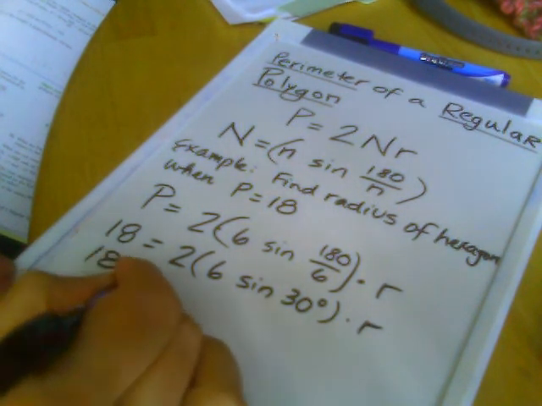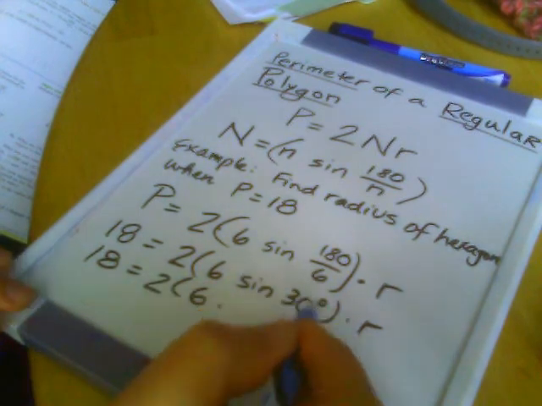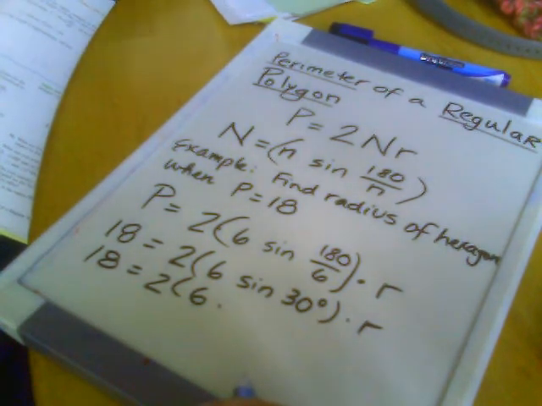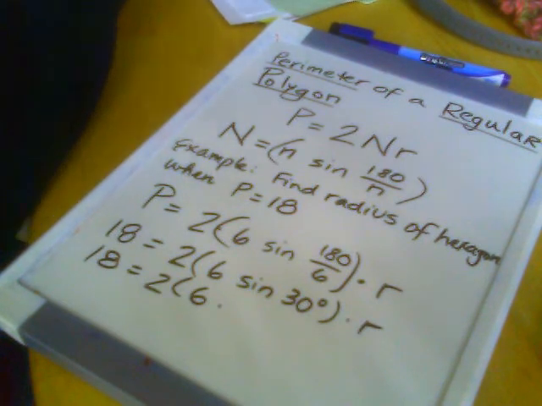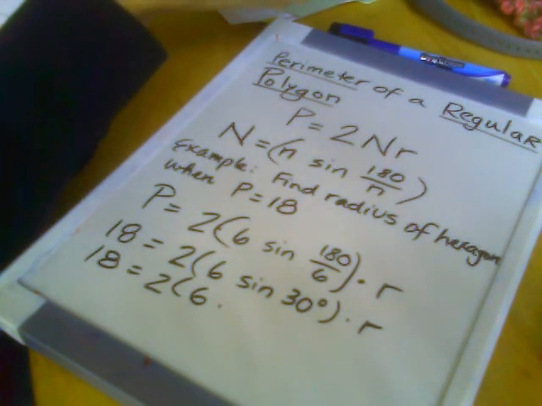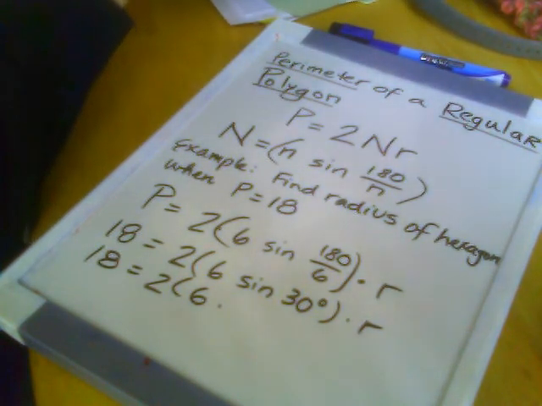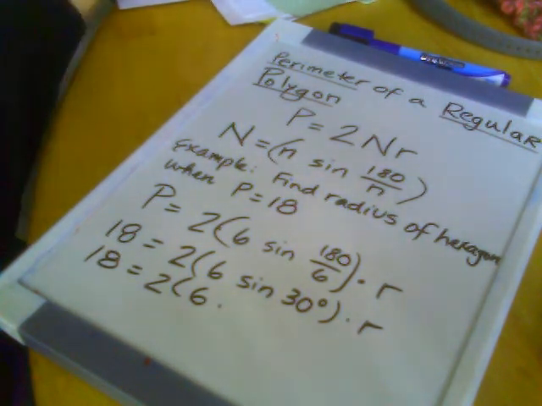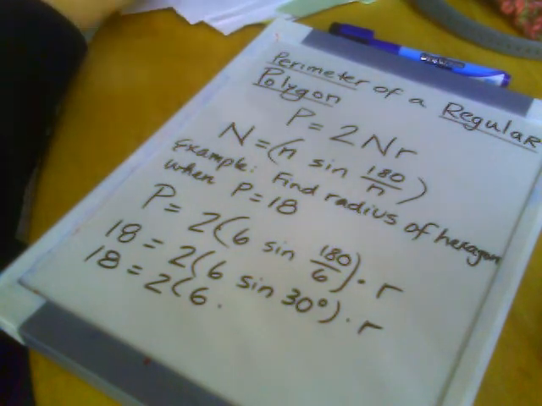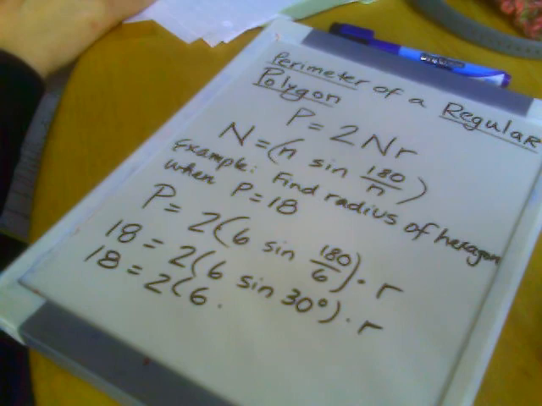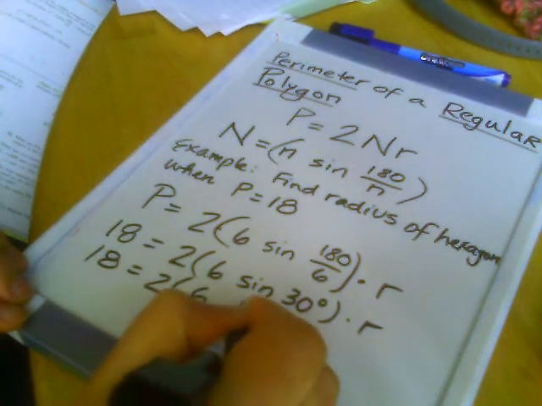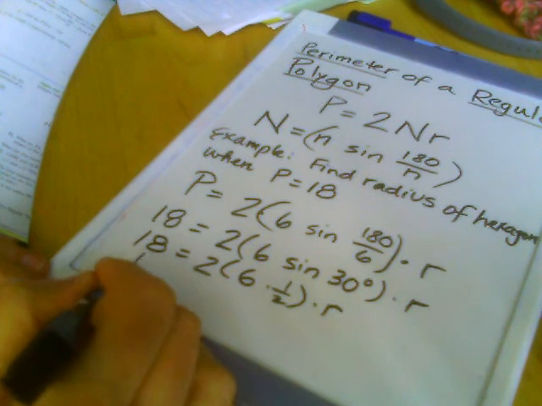You can use your calculator to get the sine of 30, or the sine of 30 is, I think, 1/2. Yes. Times r. So 18.